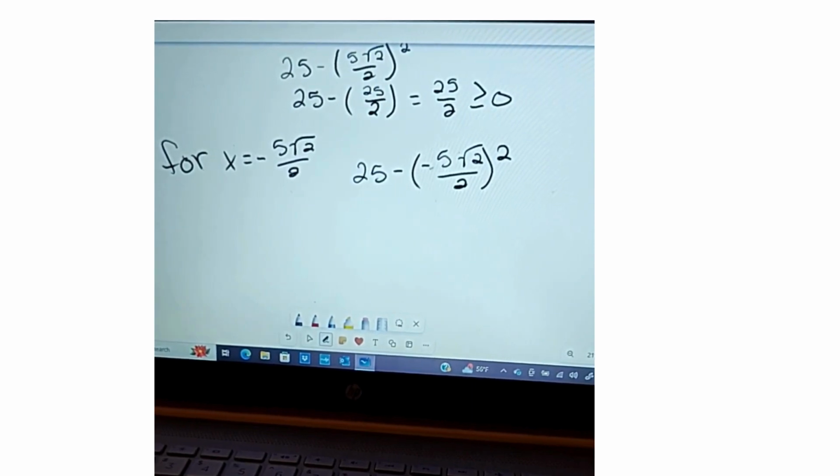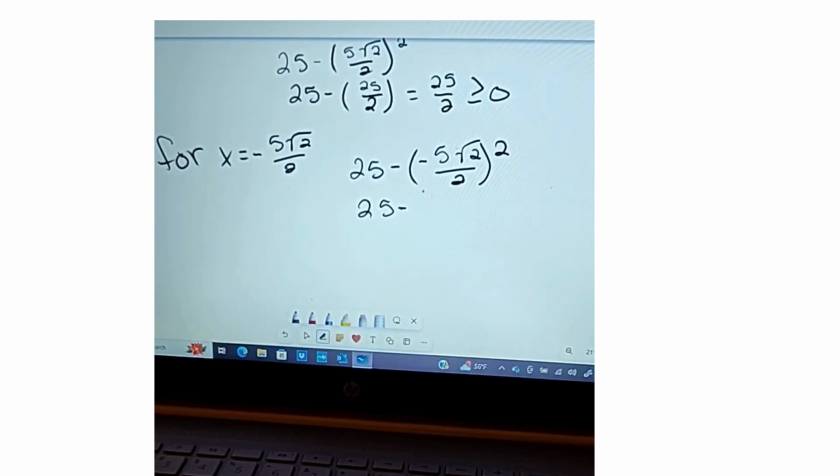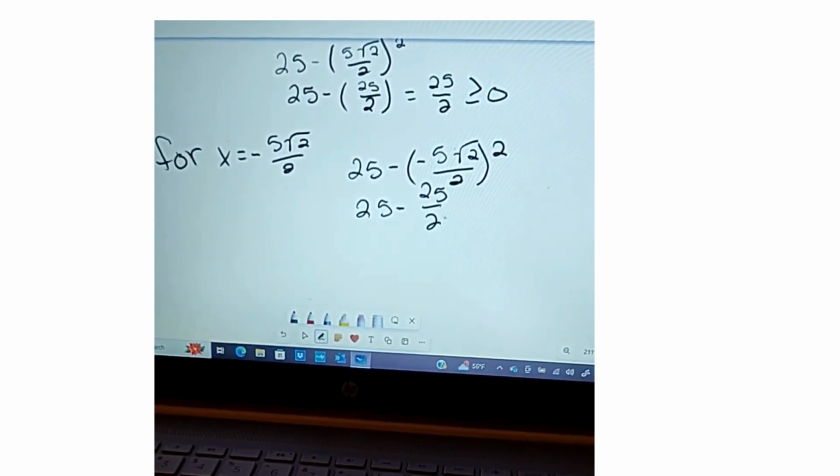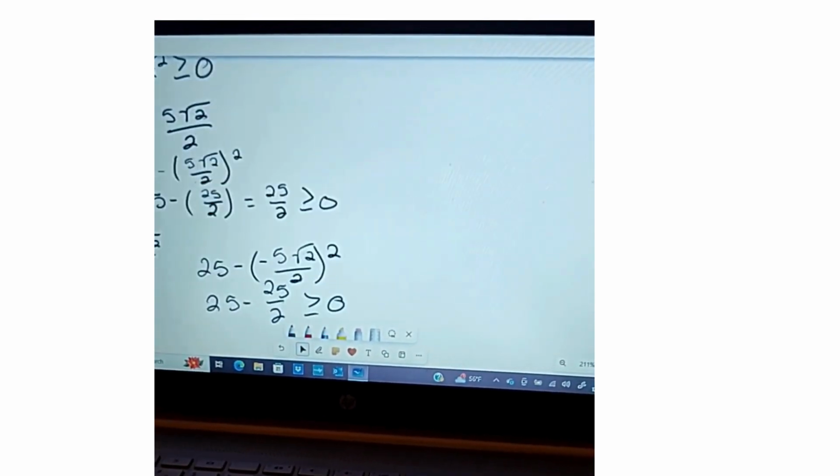And because it's squared, this is actually going to turn into a positive, so it's going to be the same answer that we got from above. So it's still going to be true. So both of these points are valid and are in the domain.